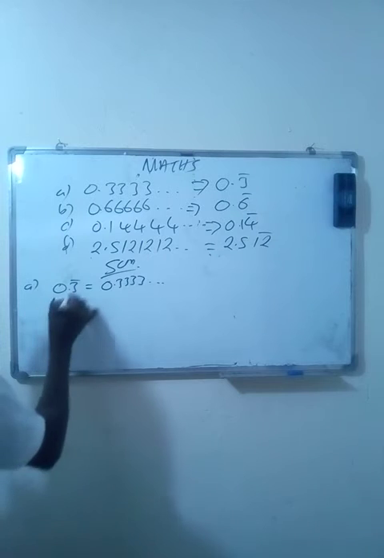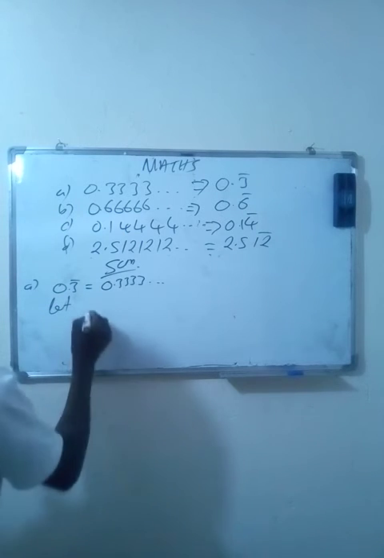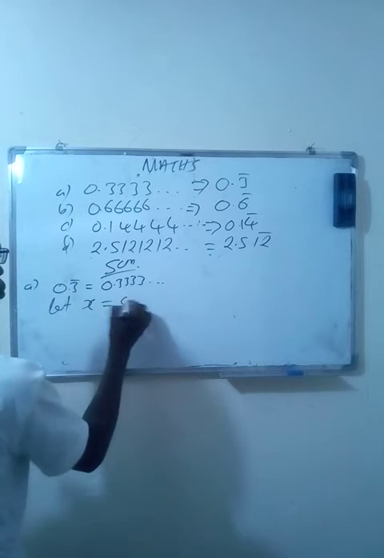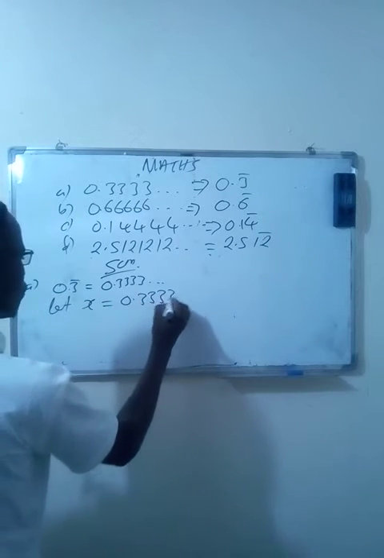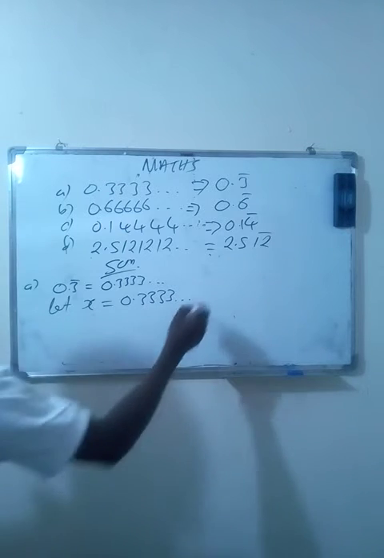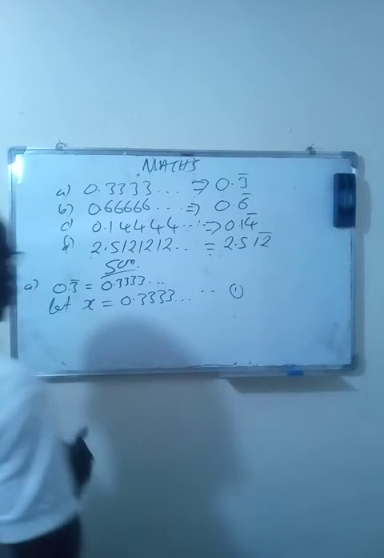So we say that's the first step. We say let x equal 0.3333, like that. And then we can call this one equation 1, okay?